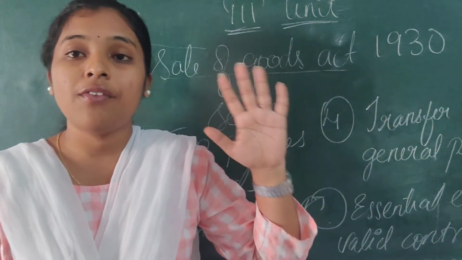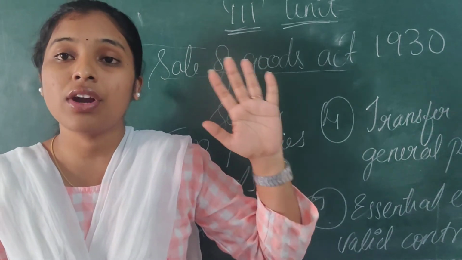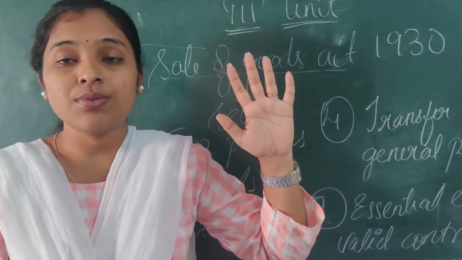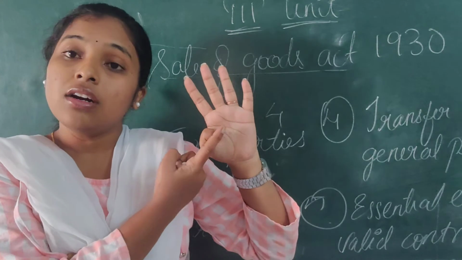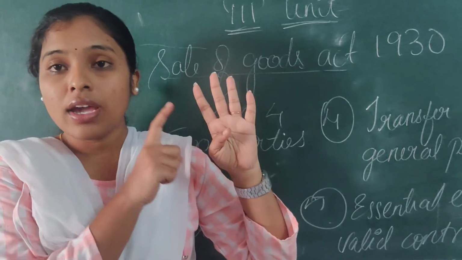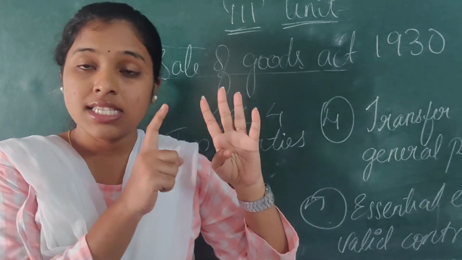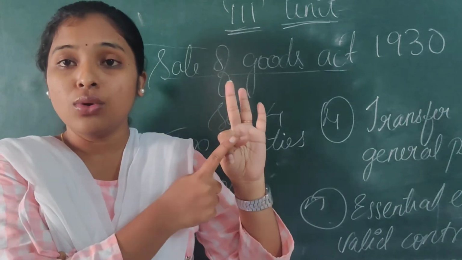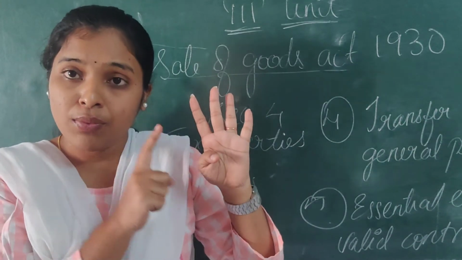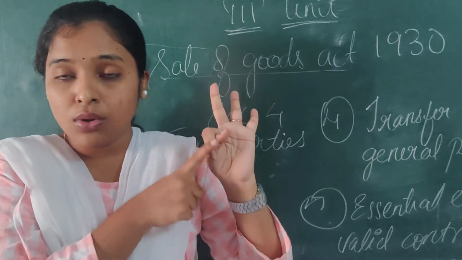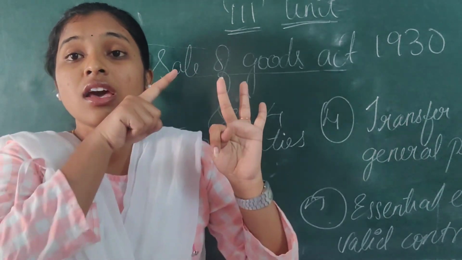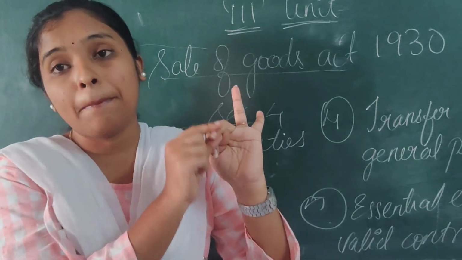So we have five essential elements for a valid sale. The first one is two parties, meaning we require a buyer as well as a seller. The next one is goods. To do any transaction between these persons, we require goods here. And for these goods, they will keep a price also.